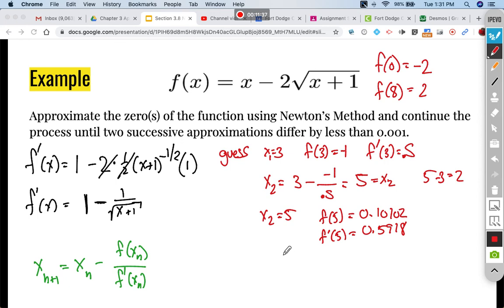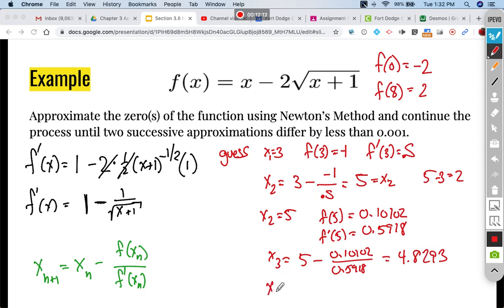And so again, to find my x3, I will get 5 minus 0.10102 divided by 0.5918, and I'm going to get 4.8293. Now I look at the difference between this and this, and I'm looking at a difference of 0.17. That's getting much closer.